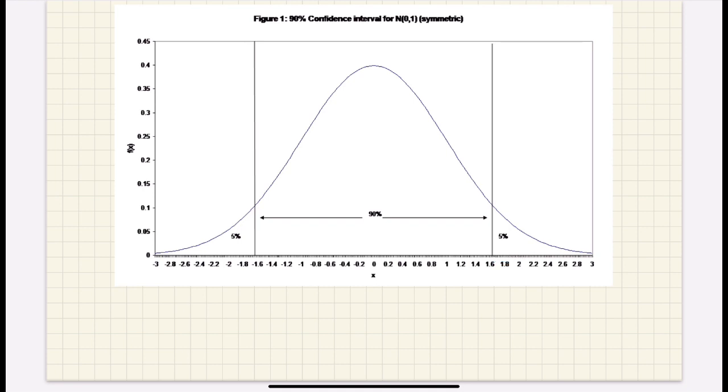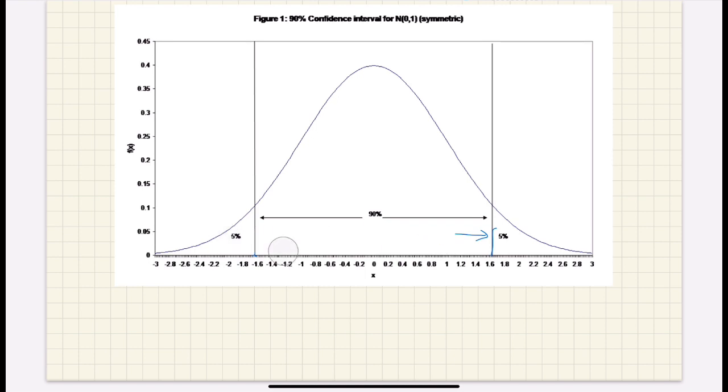In confidence intervals, we're trying to find the whole range of values that you would accept, that you would not reject in the hypothesis testing. So we're trying to find this area delimited by these two vertical lines that are the critical values.